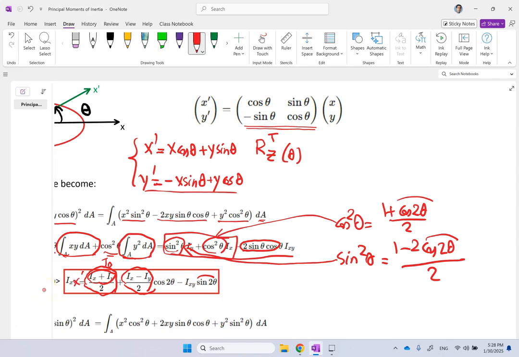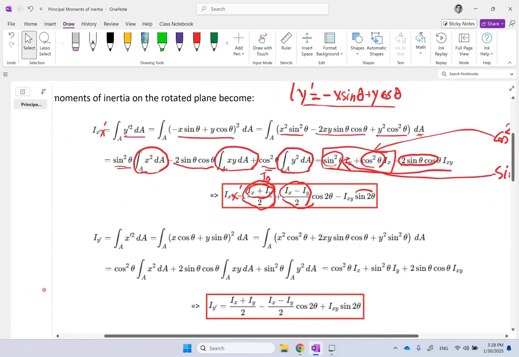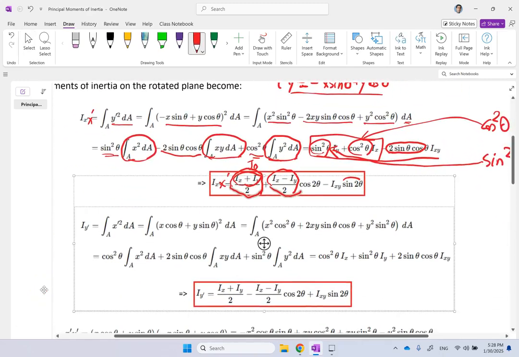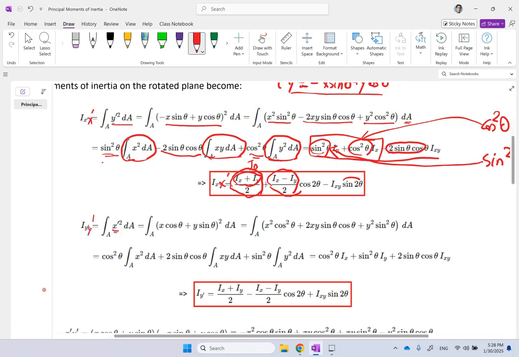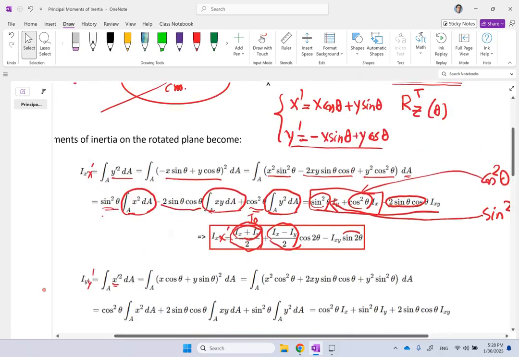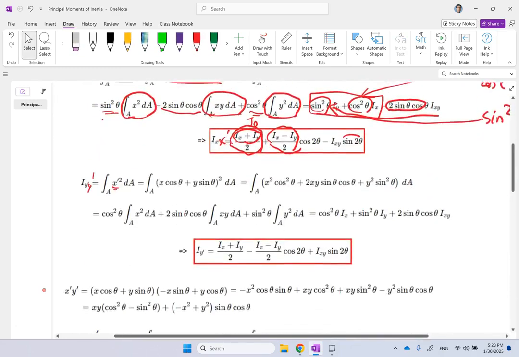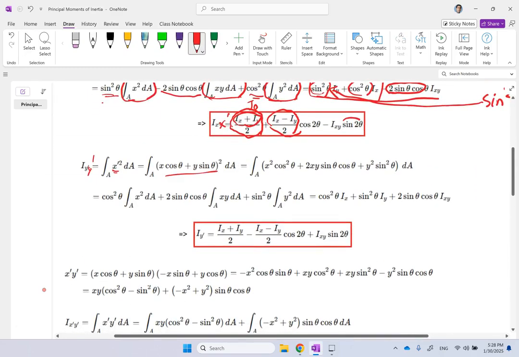Using similar algebra, you can find I_y'y', which is the integral of x prime squared. For x prime, again, we are going to use this formula, expand it, and use the sine squared and cosine squared formulas I showed you, and you get this one.